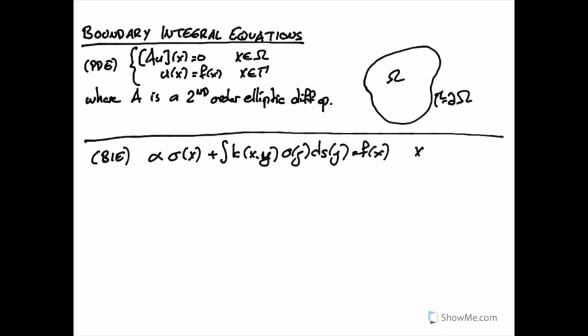And the point here is that this equation is defined only on gamma. So the unknown function sigma is defined on the boundary gamma, and the equation is set on gamma as well. K is some sort of kernel function. We will explain in additional detail later what this is.